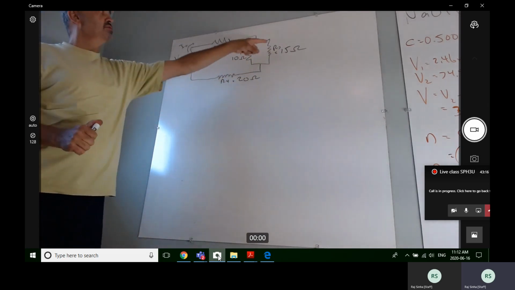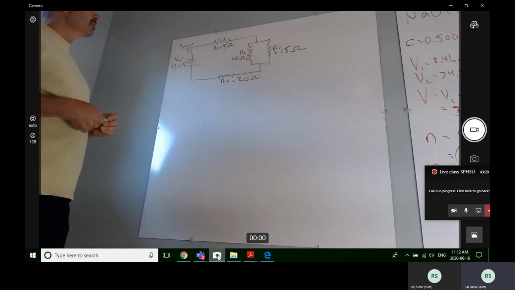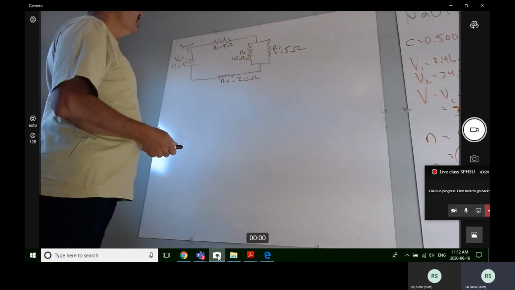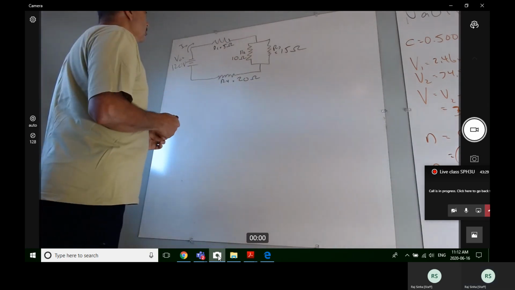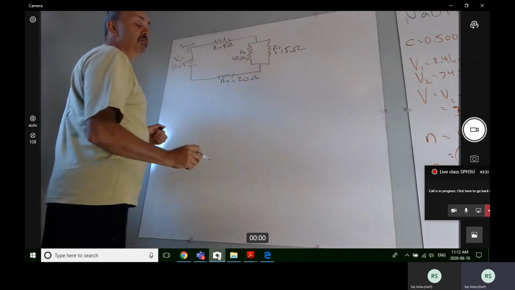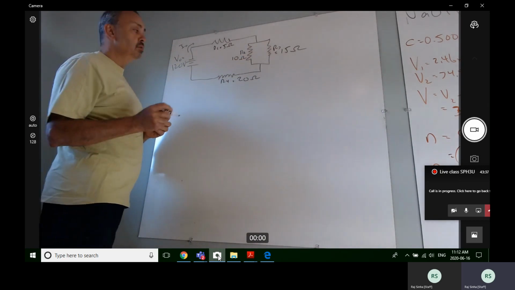What is V1, V2, V3, V4? Okay, so to solve them, the only thing that I can do right now is look at the resistances and see if I can figure out what the total resistance is in the circuit. Okay, so let's start there. So if I know R2 and R3 are in parallel, I can figure out what the equivalent resistance is for those two.